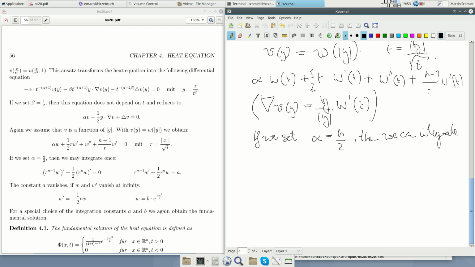Namely, the claim is r to the power of n minus 1 times v prime, plus 1/2 r to the power of n w, and the whole thing prime.